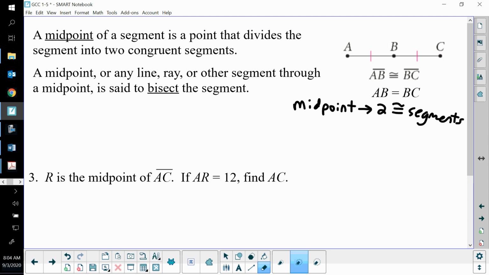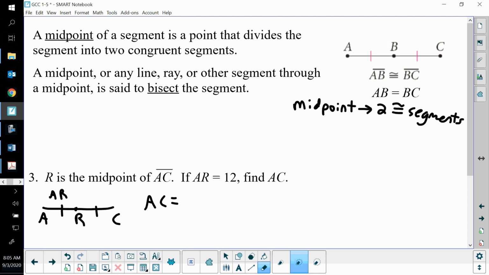To look at an example, R is the midpoint of AC. If AR is 12, find AC. So let's draw a picture. We got AC, and we know R is in the middle. Because it's the midpoint, let's put our markings to show that they're equal. So we know this is AR.